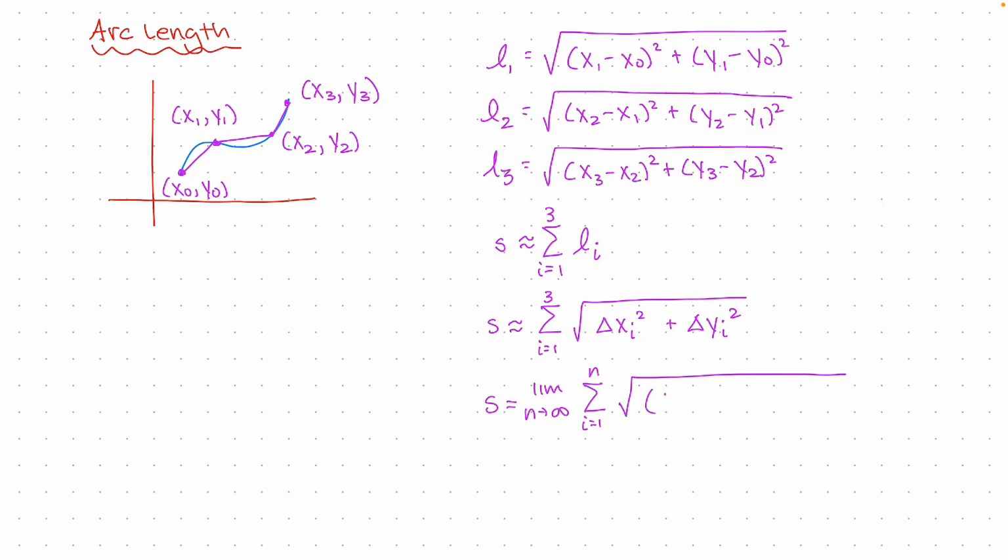So it will become 1 plus delta y sub i squared over delta x sub i squared, and that's still times that delta x sub i squared, and that's still in the square root at this point. I'm just factoring out of the radicand.